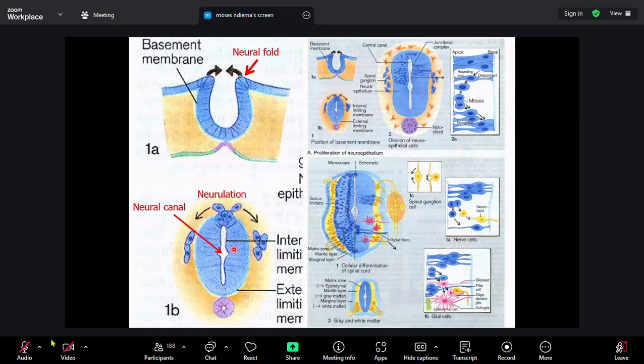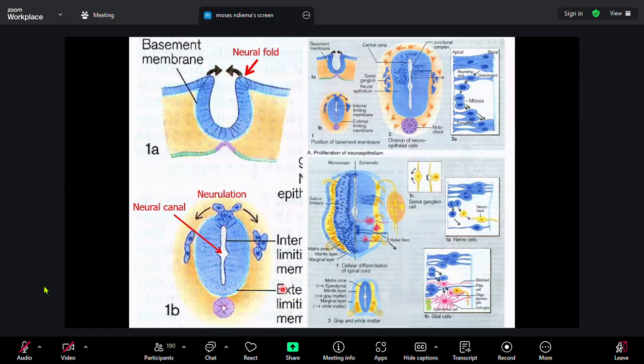From our basal plate here, we have very close the somite containing the myotome. So the myotome secretes substances which attract the cells within the basal plate to grow a process towards the myotome. So that process towards the myotome then connects to the myotome.